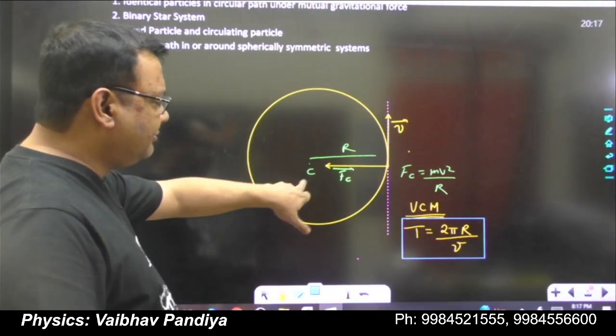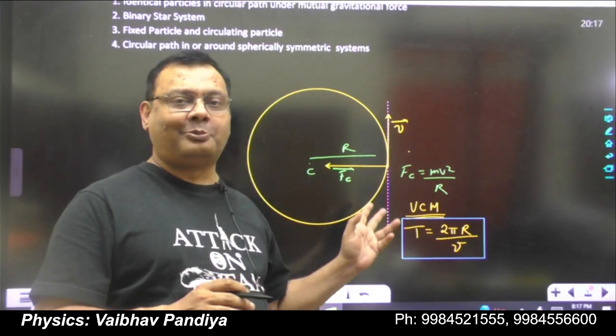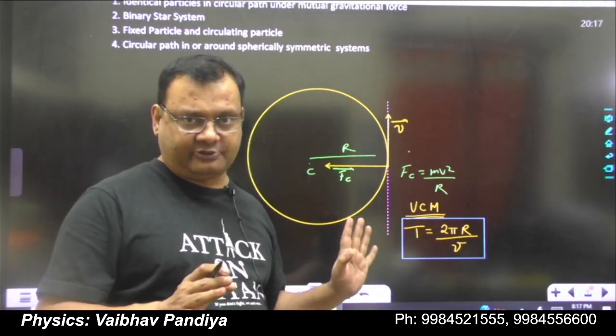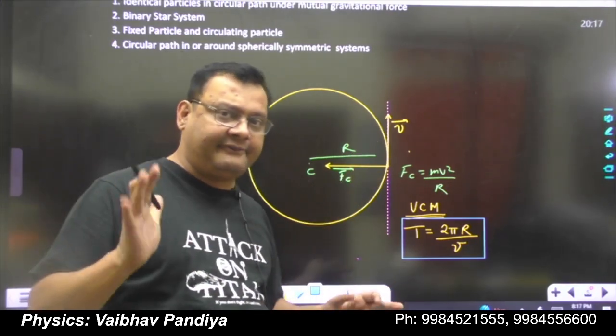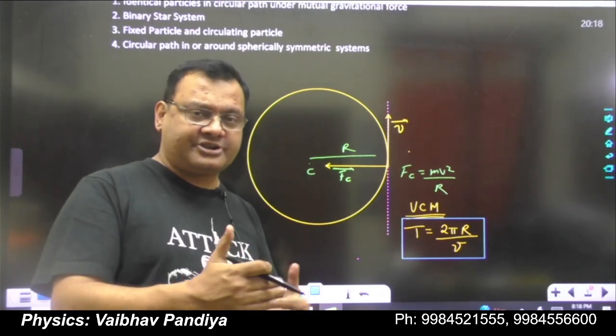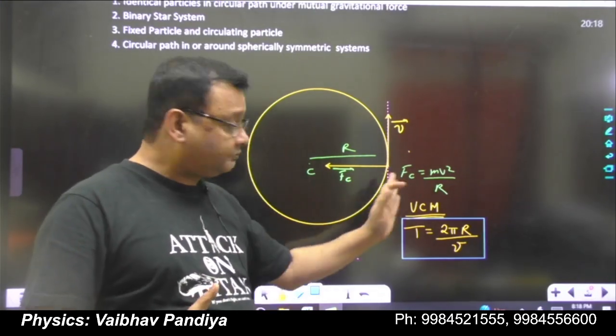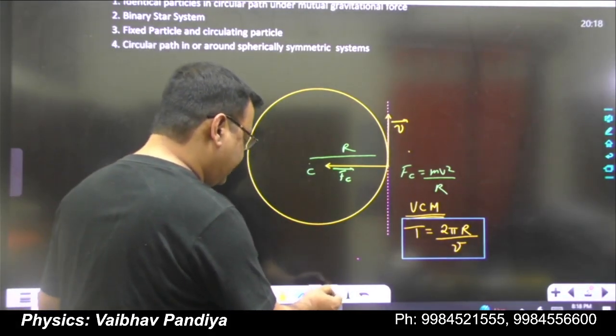So whenever the particle moves in a circular path, there must be a centripetal force. We cannot compromise with the absence of the centripetal force. The tangential force may or may not be present. If it is present, the motion is non-uniform circular motion, and if the tangential force is absent, only centripetal force is present, the motion is uniform circular motion. Correct?